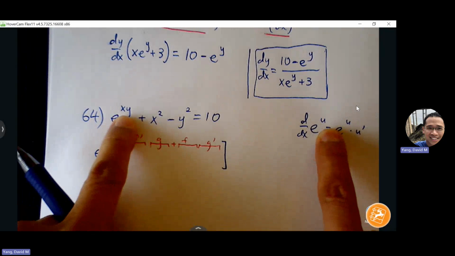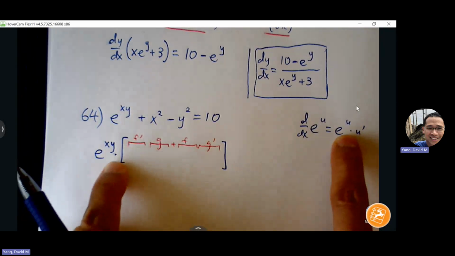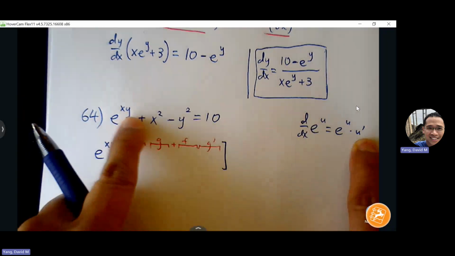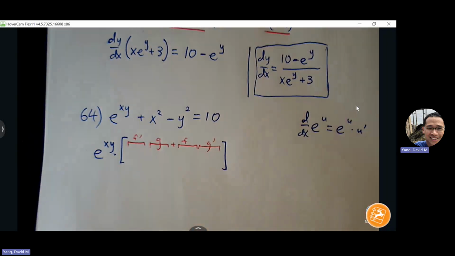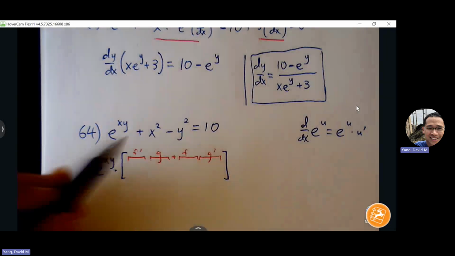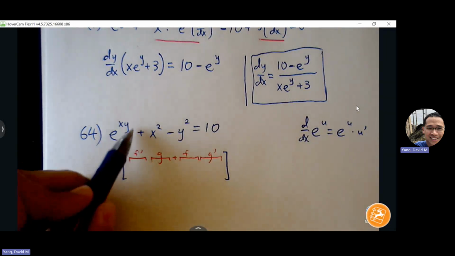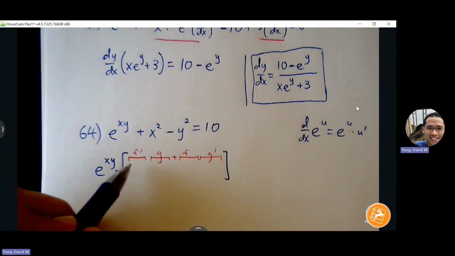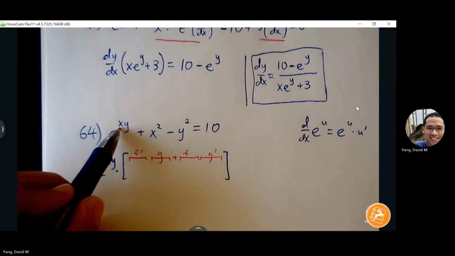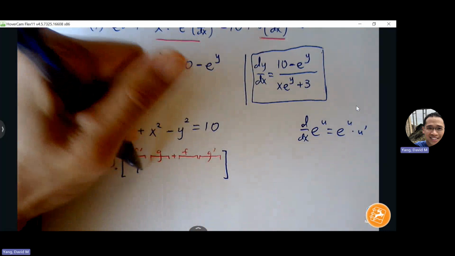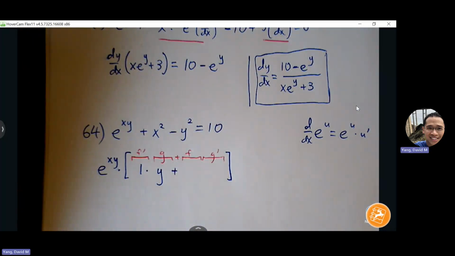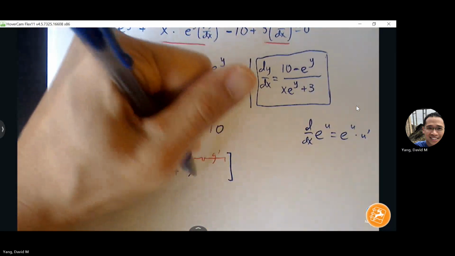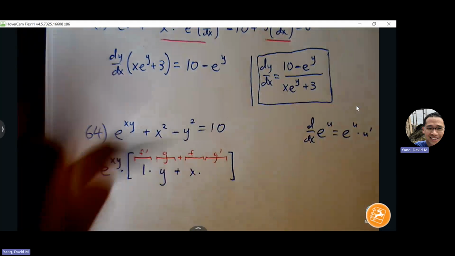Derivative of e to the u equals e to the u times u prime. And because x and y are connected, u prime is going to feel like a lot because we've got to go through a whole product rule just to take care of that messy exponent there. Okay, so f prime is times g, plus, plus what, x times dy dt. Good.